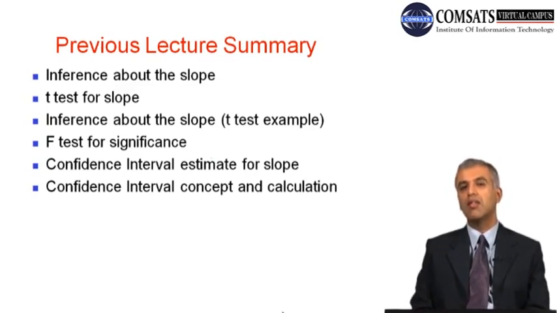So that's why we have to make inferences about the slope, because this is quite evident that as we are not dealing with the whole population, so we have to select a sample.